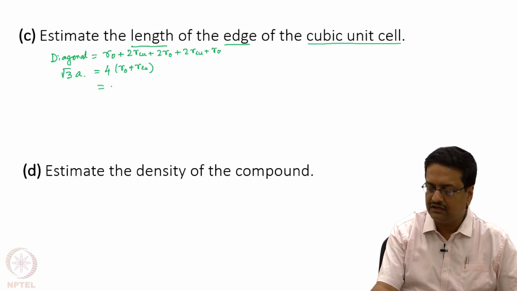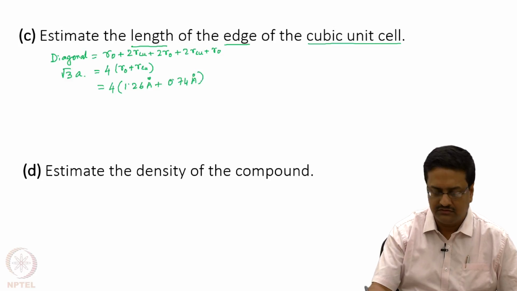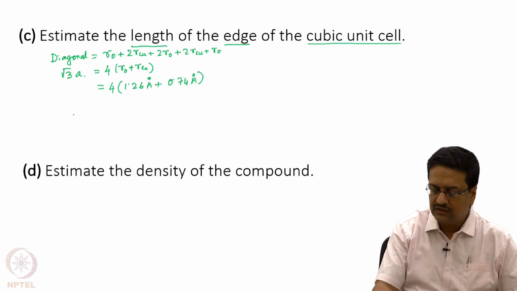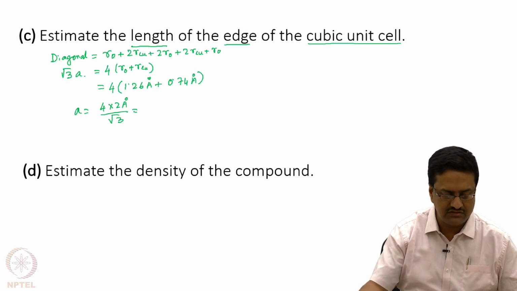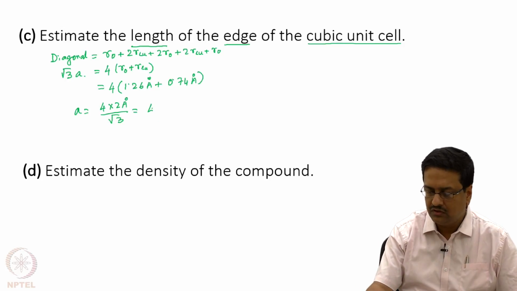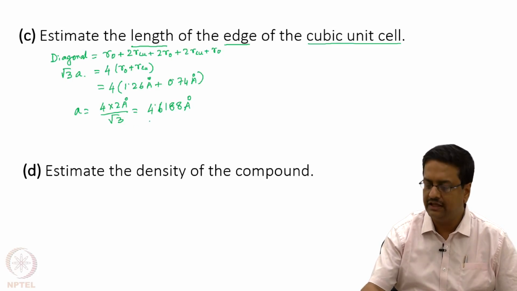The values for RO and RCu are given: RO is 1.26 angstrom and RCu is 0.74 angstrom. So a equals 4 into 2 angstrom by root 3, which is equal to 4.6188 angstroms, the edge length.